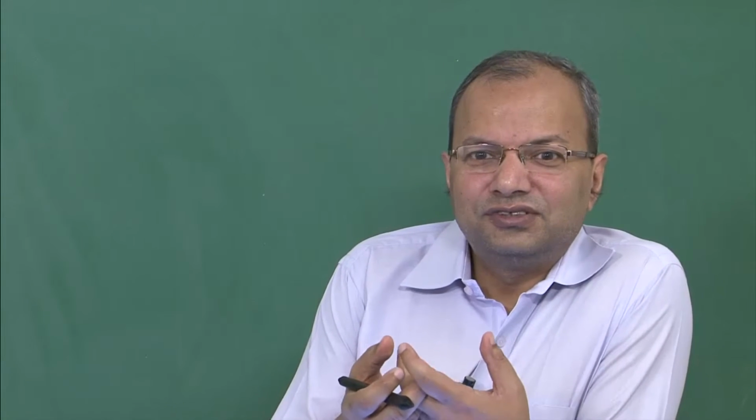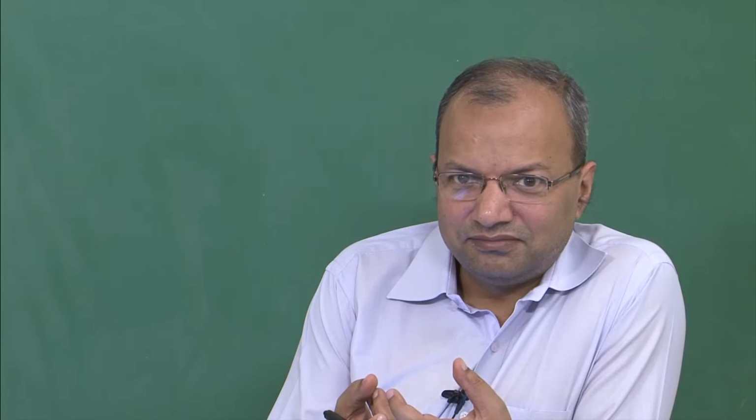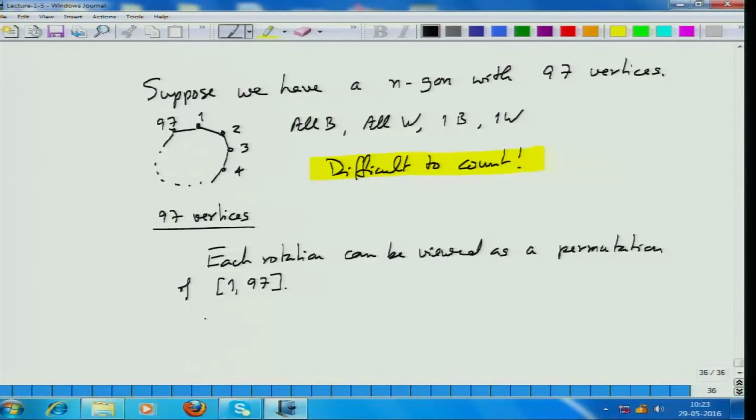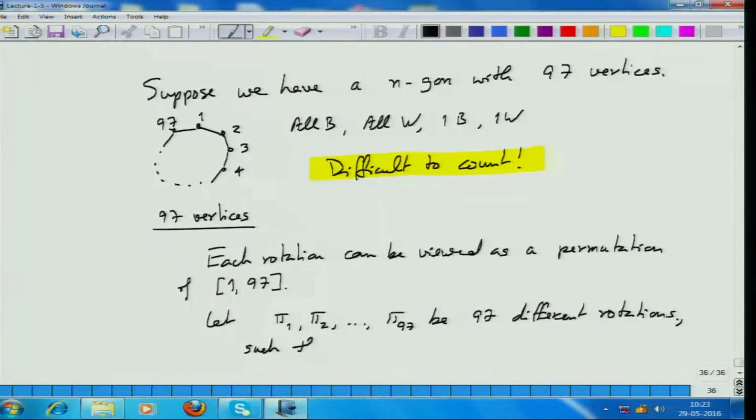Collectively, these rotations form a group, such that pi j of any i is i plus j minus 1, I think.